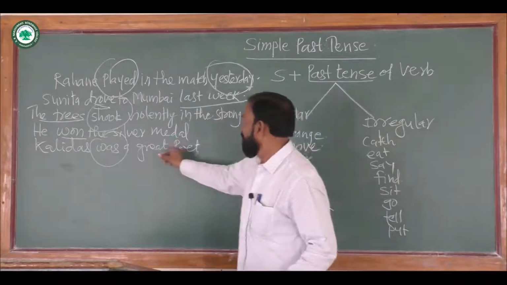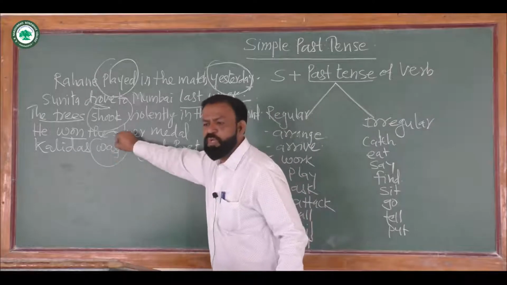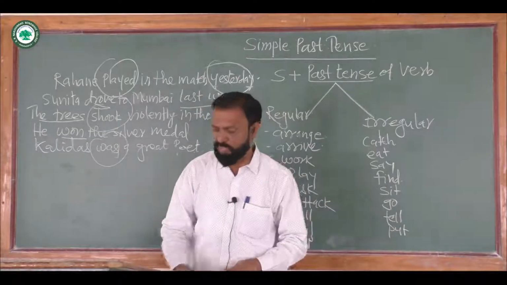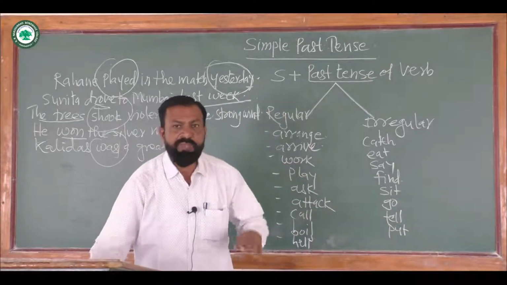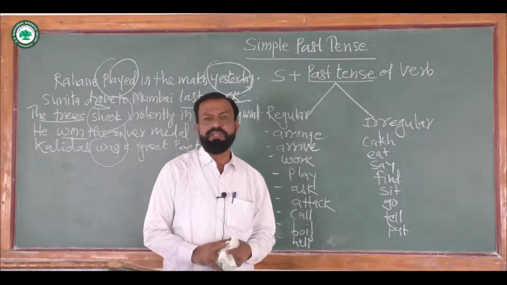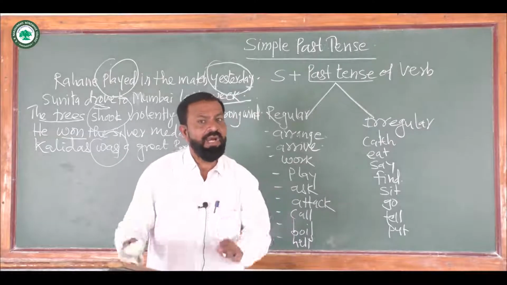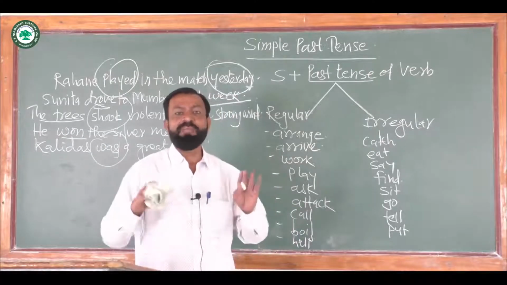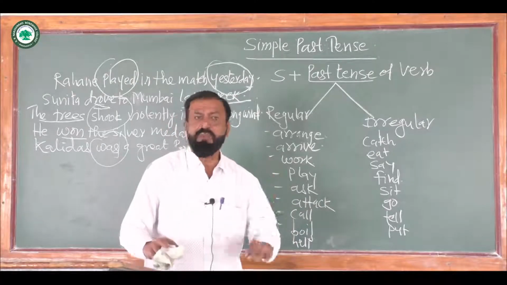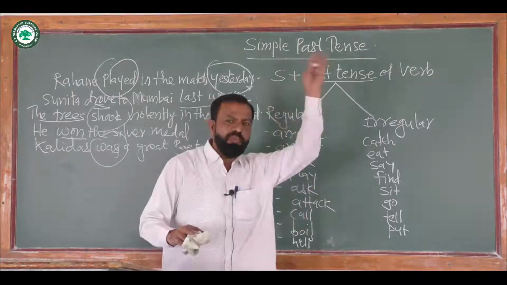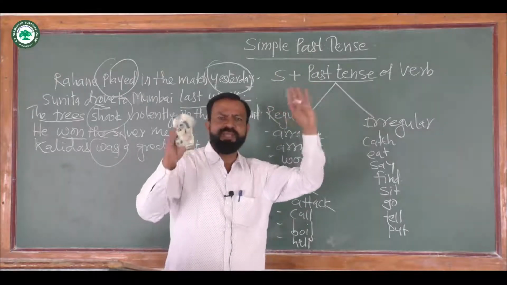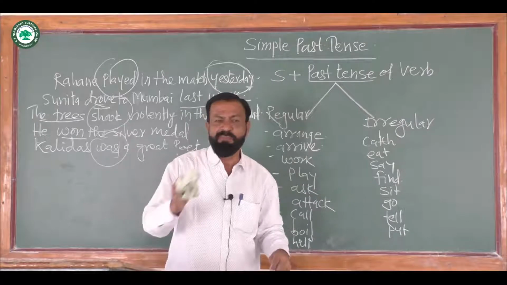This auxiliary verb, which plays the role of a main verb, says that Kalidas does not live at present, at the time of speaking. So once upon a time, or how many years ago, is not important here.